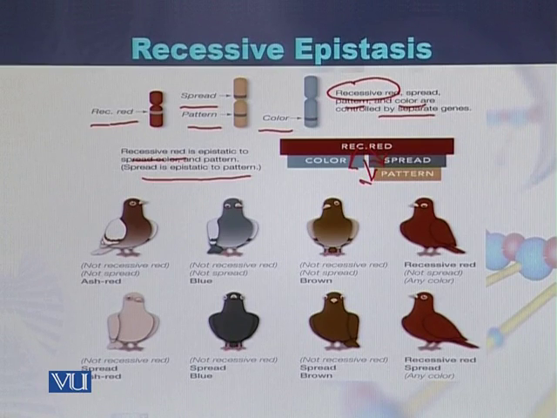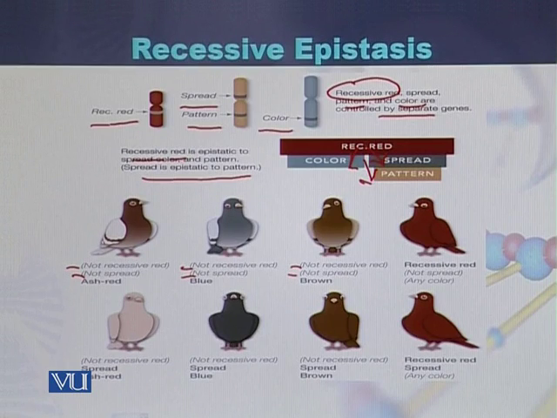In the pigeons we can see that in these three types of pigeons there is no recessive red, and there is no spread either, and we can see that there are different colors of the pigeons.